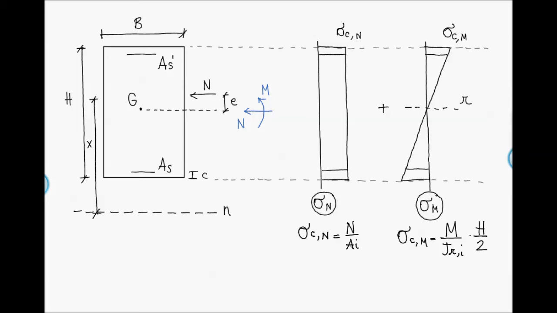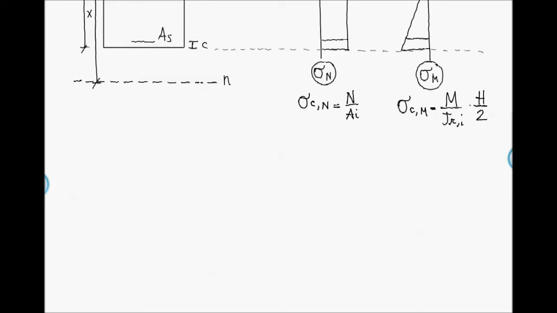So the stress on the cross-section are then computed considering the effect of the compressive axial load plus the effects of bending in the following way. So we have that sigma C on the superior fiber of the cross-section is sigma Cn plus sigma Cm, so we have N over Ai plus M by E, which is the bending, over Jri by H over 2.